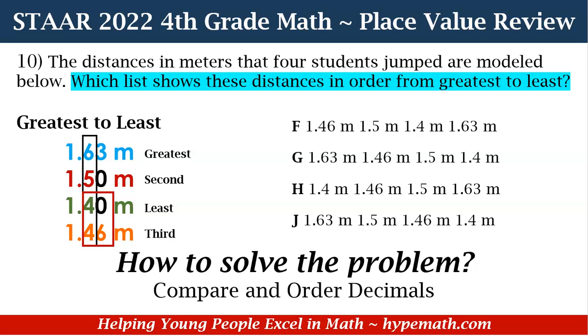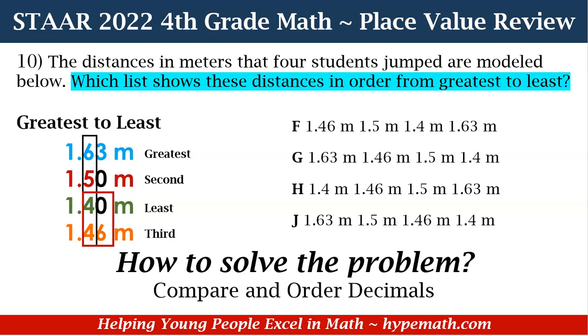Now, the only thing that we have left to compare is the 1.40 and the 1.46. Now, since both of the numbers have a 4 in the tenths place, what do I need to do? We're going right back to step 3. We said we need to move over to the right so that we can keep moving until we have different numbers.